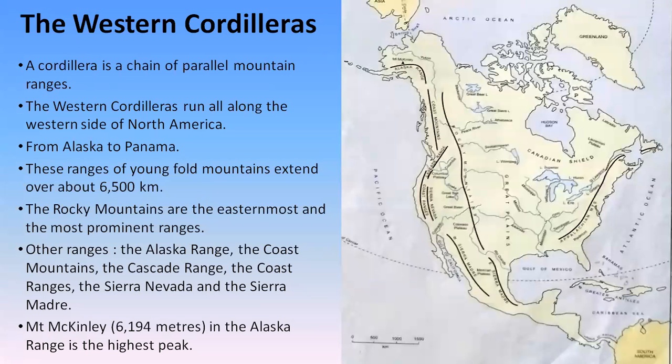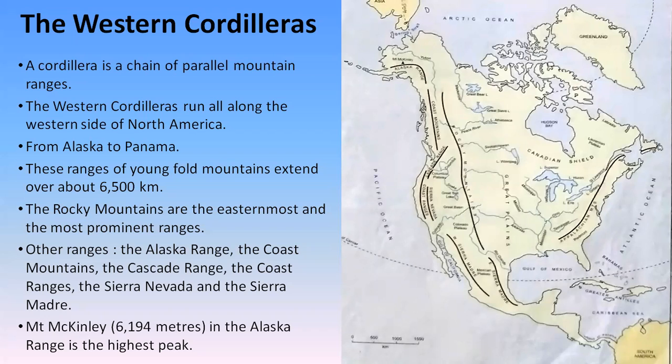Western Cordilleras are located on the western side of North America. Cordillera means a chain of parallel mountain ranges. Between these mountain ranges, we find plateaus, the Great Basin, deserts, lakes, rivers, and the inland drainage system. All these things we discussed.